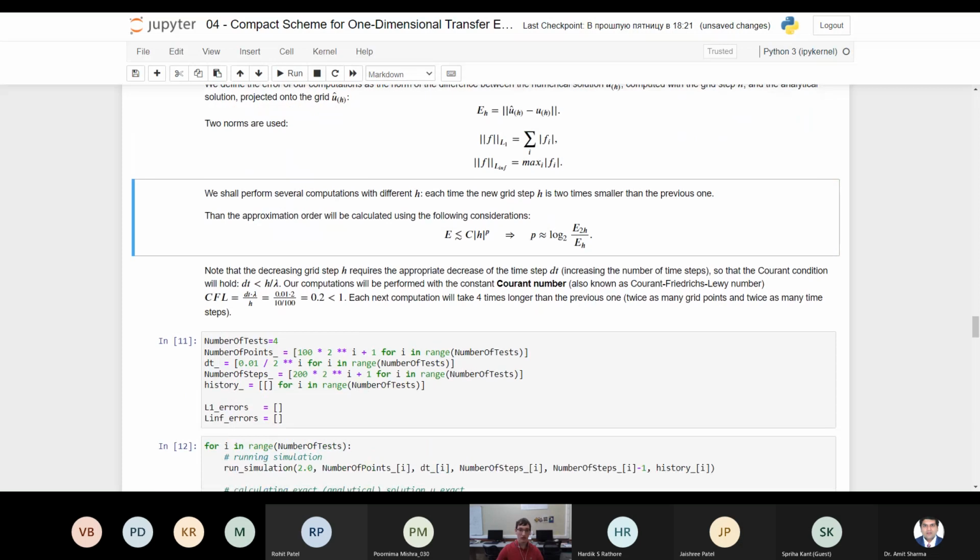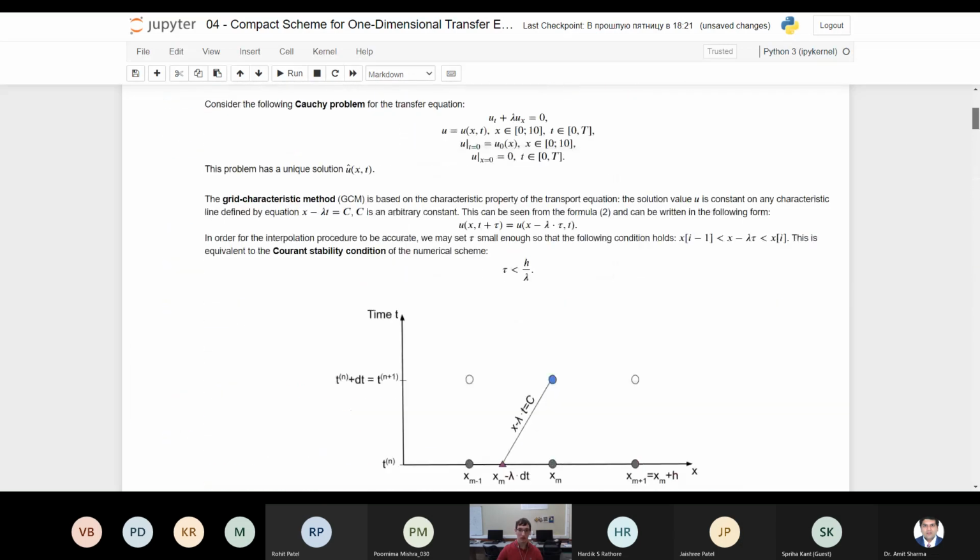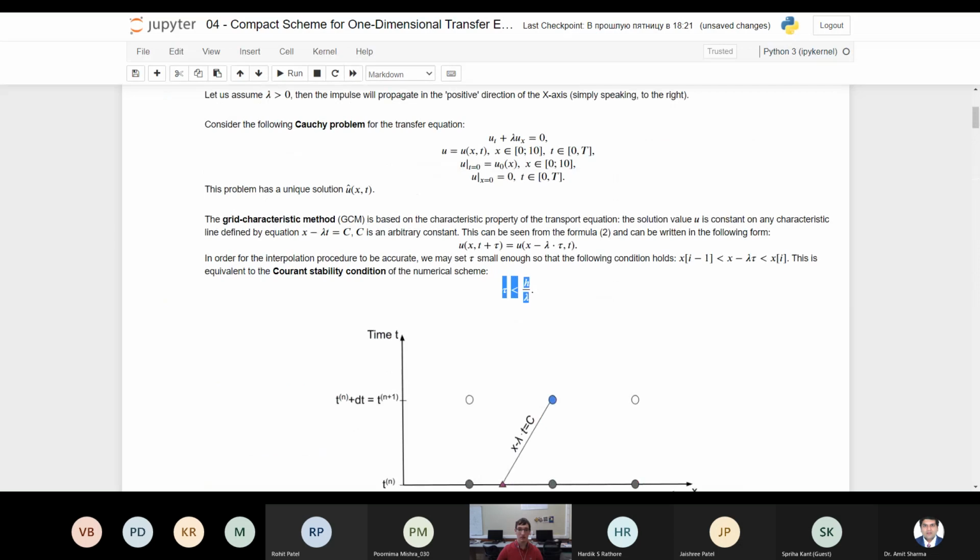It should be noted that decreasing the grid step requires an appropriate decrease in the time step because the Courant stability condition has to be satisfied. So here is our stability condition. When h is taken twice smaller, we actually have to take tau also twice smaller.